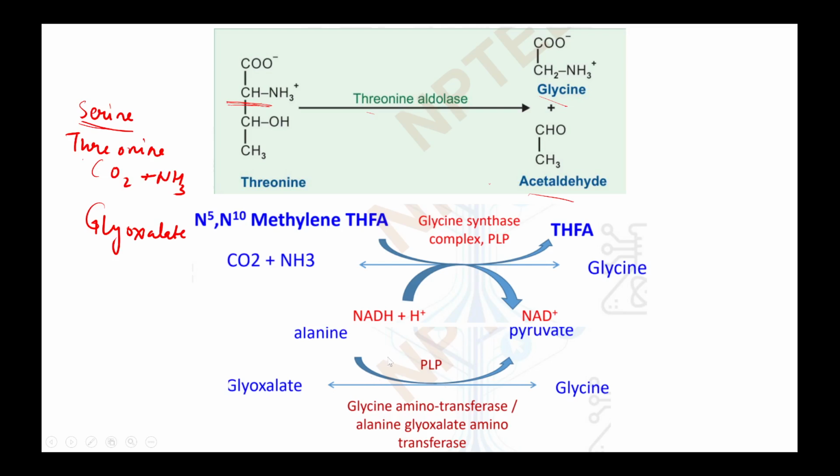And if you remember in the previous session also, the cofactor involved with the aminotransferase was PLP. And this enzyme is also known as alanine glyoxylate aminotransferase, since the amine group transfer is happening between glyoxylate and alanine. So the enzyme that is responsible for the glycine synthesis from glyoxylate is glycine aminotransferase. Is this clear to you?